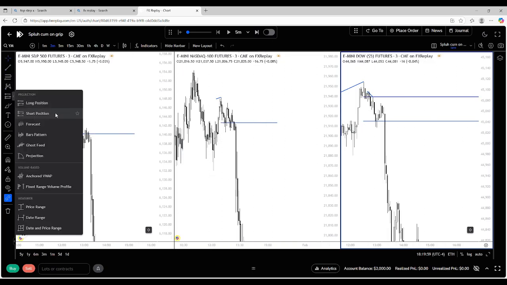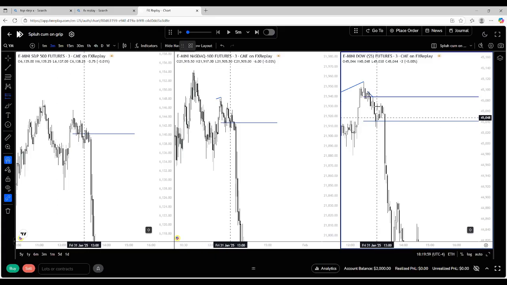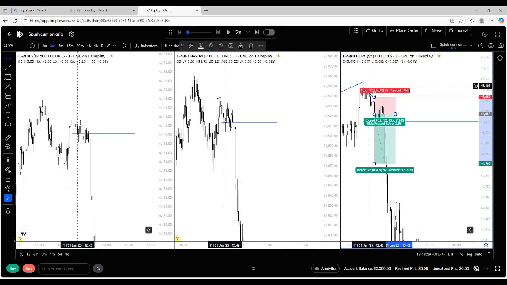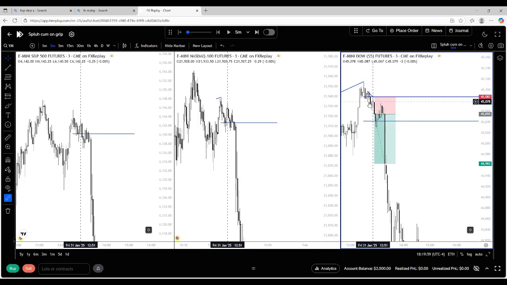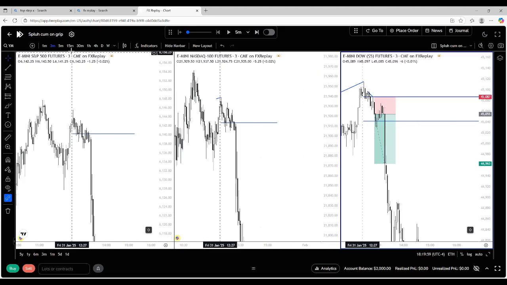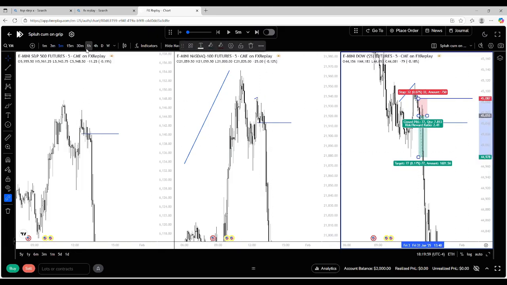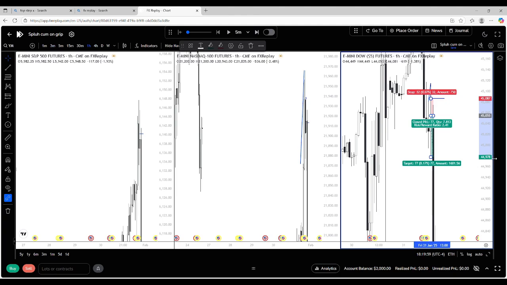You either take this on the close or you limit order it. Just so you take it on the close, you put your stop there because we have this second SMT with these 3-minute highs. And then whatever you want to look for, like this low if you want, whatever your draw is, that would be the trade.